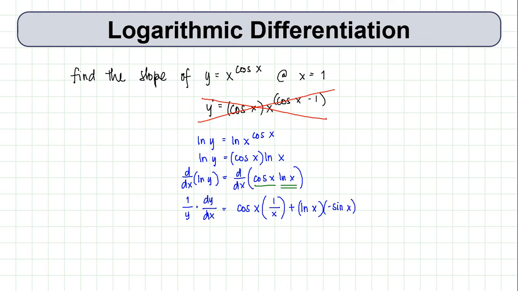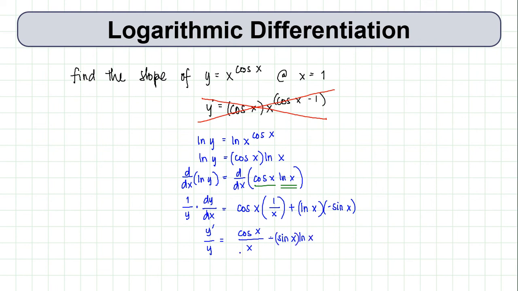Ganyan. Medyo masalimuot siya pero ito yung tamang approach sa pag-solve ng problem na to. So this will now become y prime over y equal to cosine x over x plus or minus sine ng x ln of x.